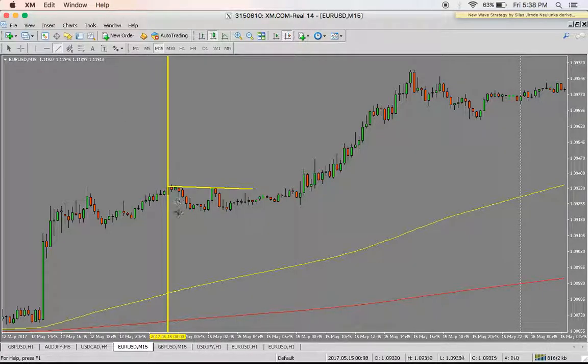Then it'll go up, break this high, and make a new high. So instead of this being the high, this became a high. And this low was still constant.